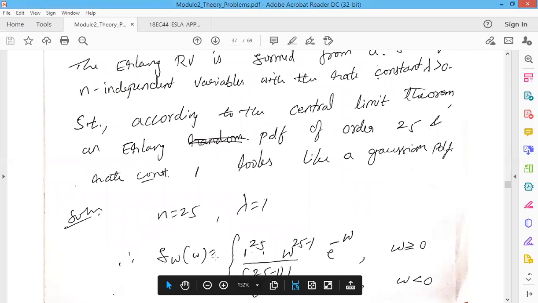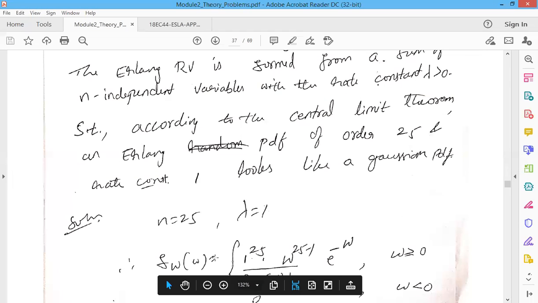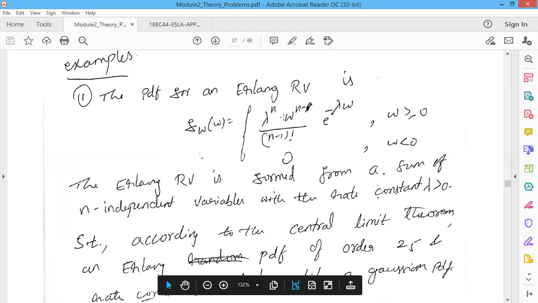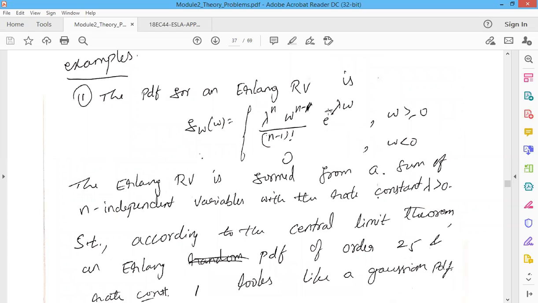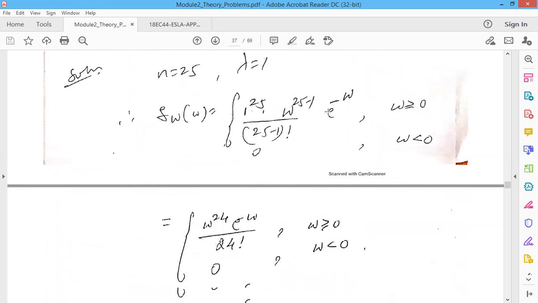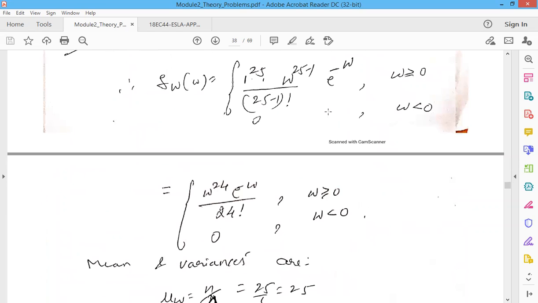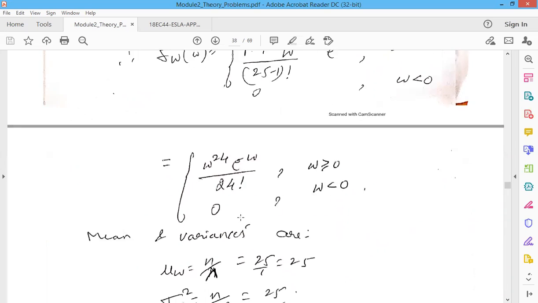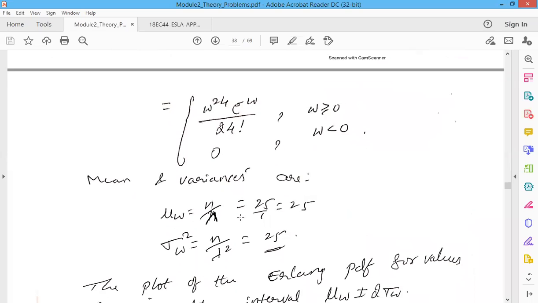If you substitute n equal to 25 and lambda equal to 1, this PDF reduces to f_W(w) equal to 1 to the power 25, w to the power 25 minus 1, divided by (25 minus 1) factorial, e to the power minus lambda w. That is equal to w to the power 24, e to the power minus w, divided by 24 factorial, for w greater than or equal to 0, and it is 0 for w less than 0.